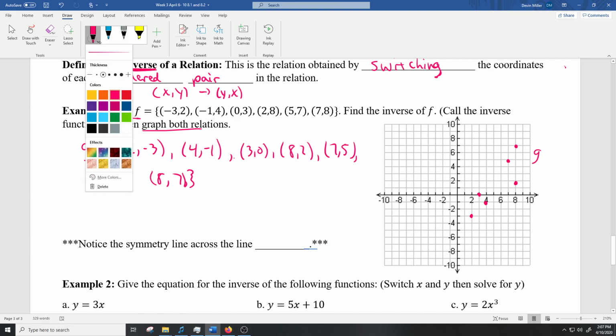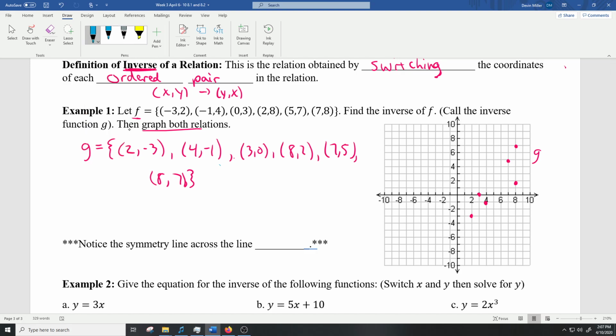Now let's switch colors, and we'll do the F function.